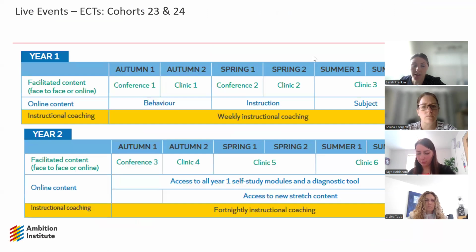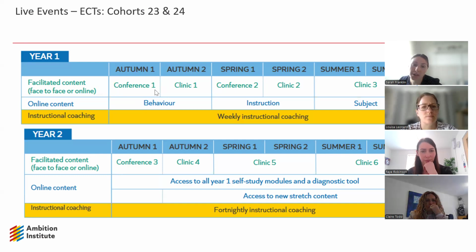So these are the facilitated sessions, the live events for pre-2025. Year 1's probably not going to be that relevant to you, but I'm going to talk you through all of it because it might be useful to see how it fits into the bigger picture. So they have their launch conference in the autumn term and then the clinic.